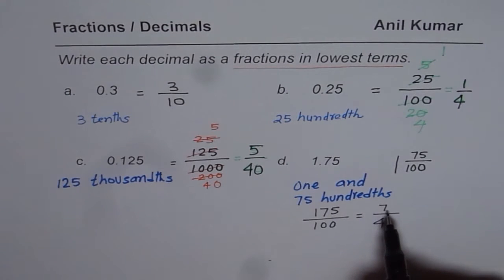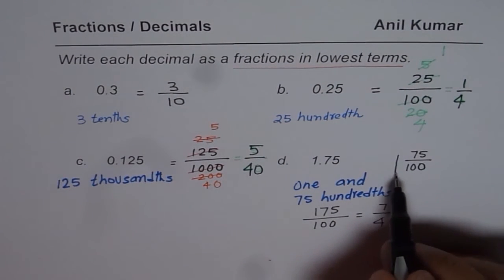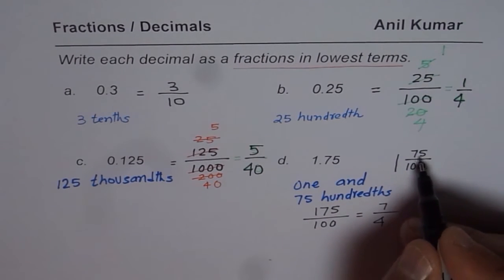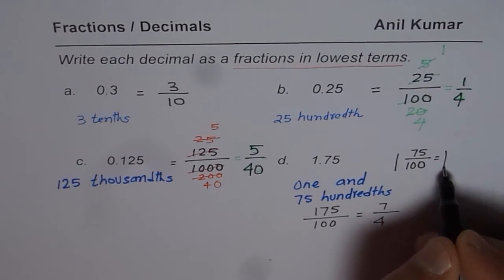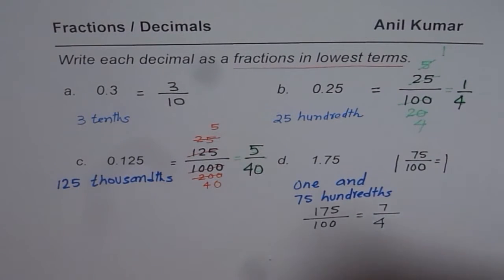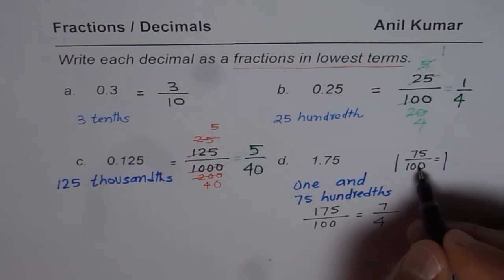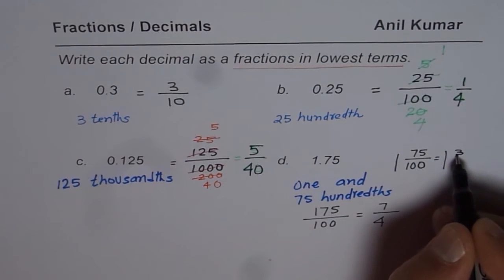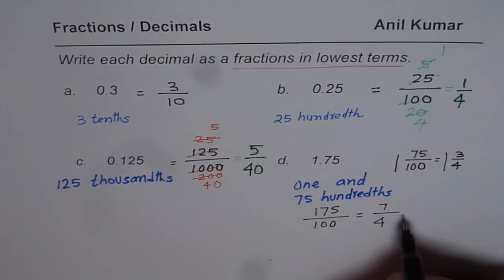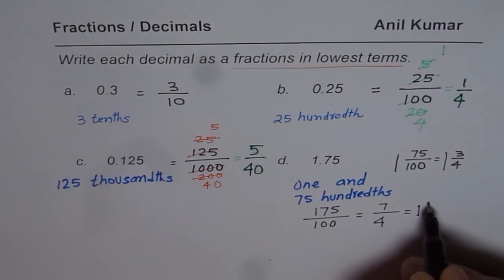This is improper fraction, so we need to write it as a mixed number. So now let's look into our mixed number approach. 1 and 75 hundredths. It could be written 1 and 75 over 100. When you divide both by 25, you get 3 out of 4. Do you see that? Here also you could convert this. 4 goes one time and 7, 3 is the remainder. So 1, 3 out of 4.